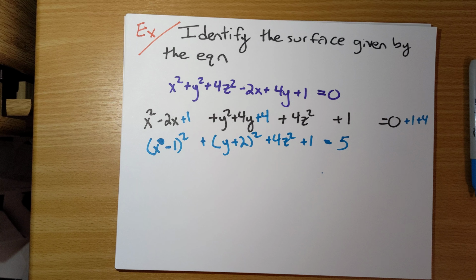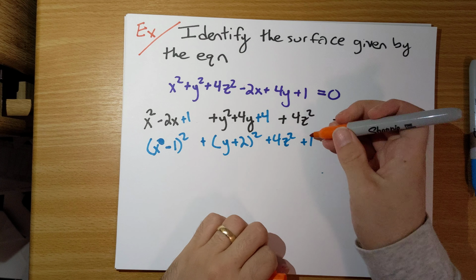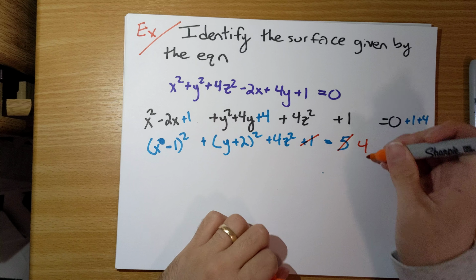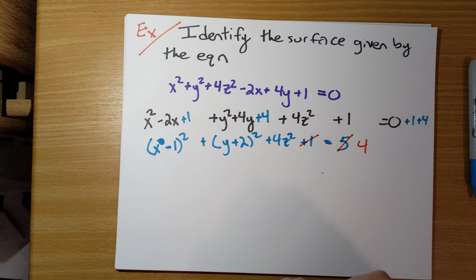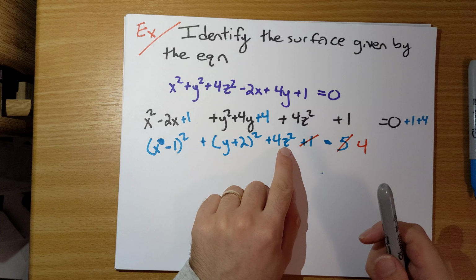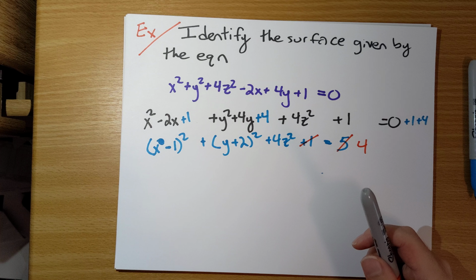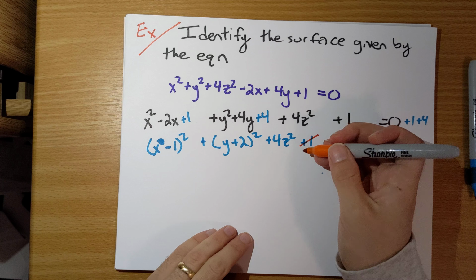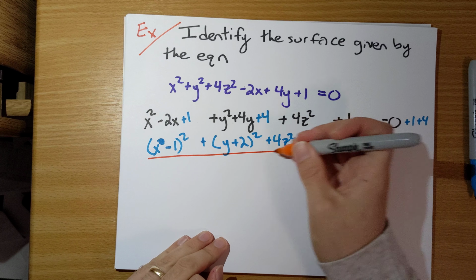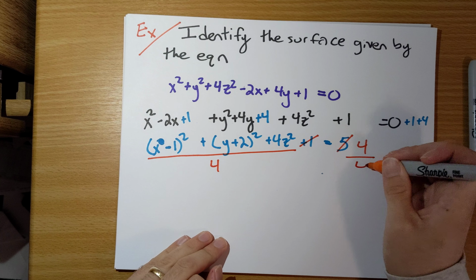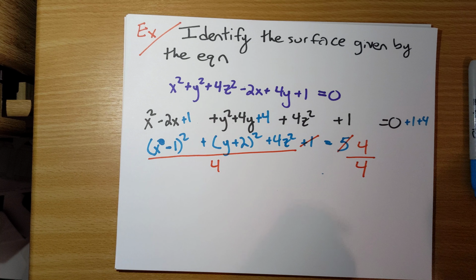Let's make two more changes here. First off, a cosmetic change: subtracting 1 from both sides. And let's get it so that the coefficient of the z squared term is 1. To do that, we're going to divide everything on both the left and the right by 4.